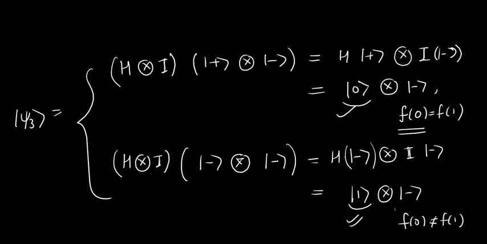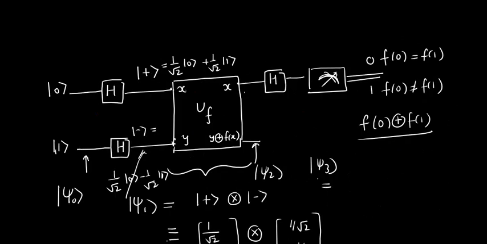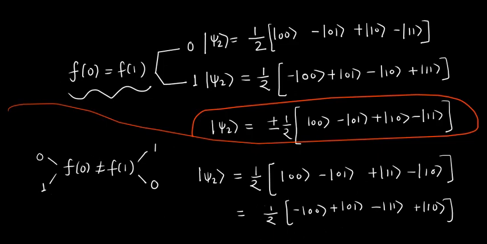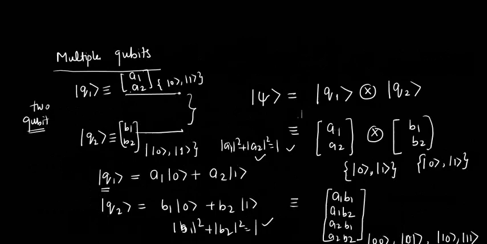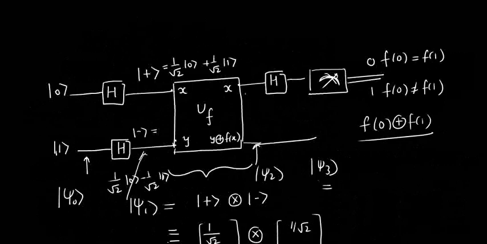We will study various such examples, but this is one very simple toy example where we can show that quantum algorithms work faster as compared to classical ones. I think this is it for the Deutsch algorithm, and if you have any doubt, you can ask.